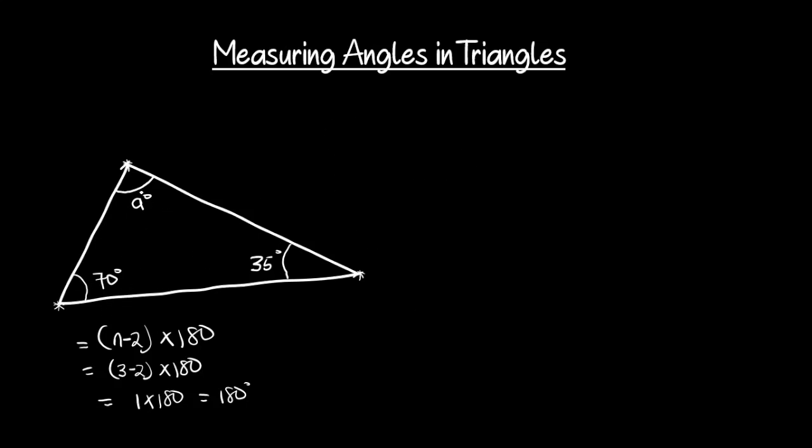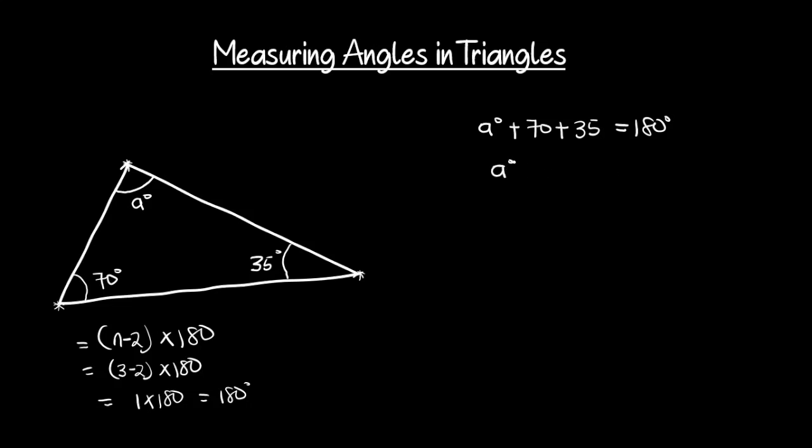So finding the angle A here is very easy. Like I said, it will be A degrees plus 70 degrees plus 35 degrees is equal to 180 degrees. So that is the expression we need to write first. From here, all we have to do is basic addition.